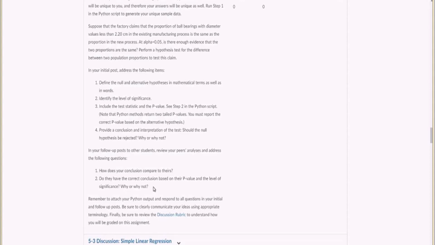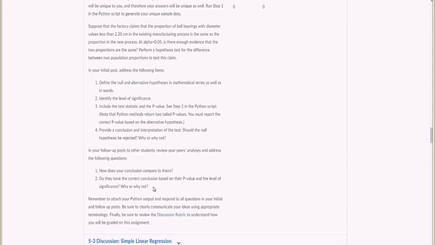Now we need to calculate the test statistic and the p-value, and this is the same formula that we applied before using the z-test, and we know that the sample size is sufficiently large for these two samples.